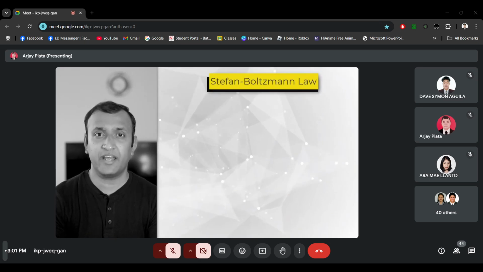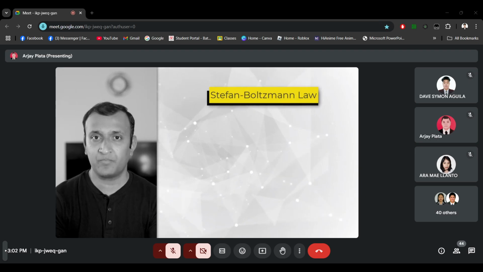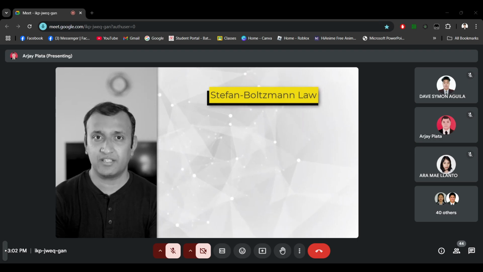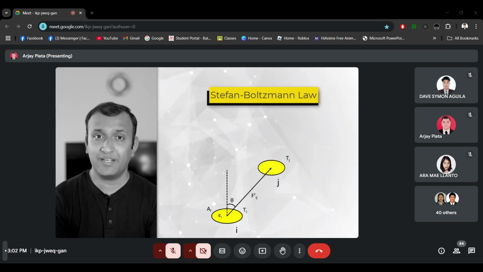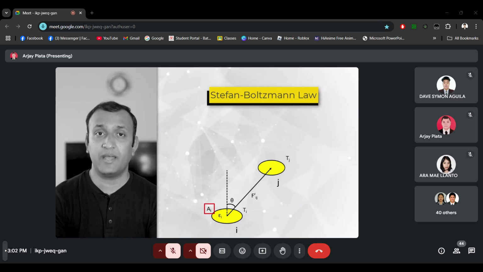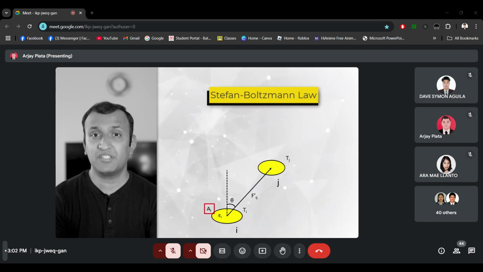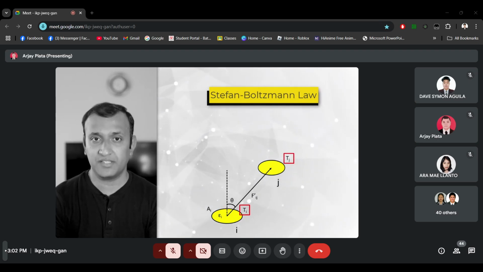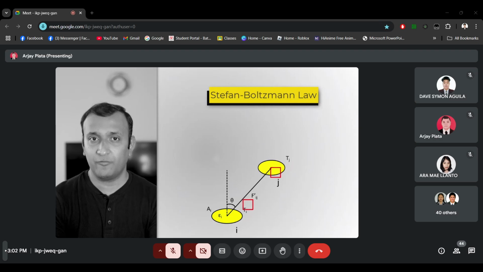When we calculate the energy transferred between two surfaces, we use the Stefan Boltzmann law, which states that the heat transferred between two surfaces depends on the area of the emitting surface, the emissivity of the surface, absolute temperature of the two surfaces, and the angle of orientation between the two surfaces.